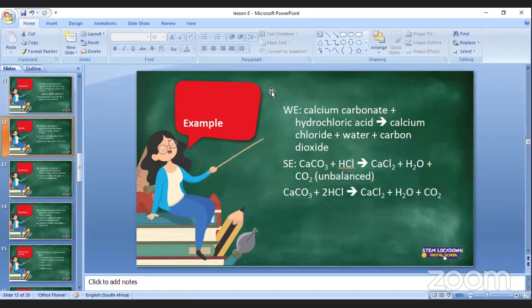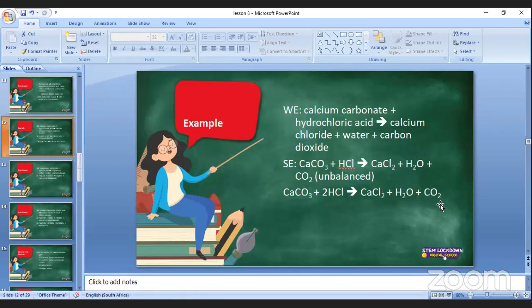Because you've got this CO3 here, and then you already know that hydrochloric acid is an acid. Your product is a salt. What type of salt do we have here? It's calcium chloride. And then we have water, and then we have carbon dioxide. Then we have 3 products. We are good to go.